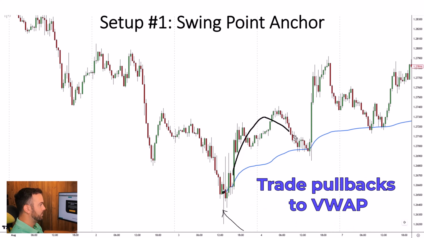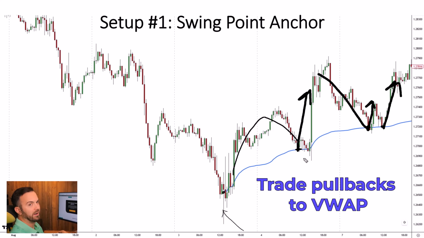The price went up, so this is where you go long, and from this place another long and another long, right? Every time the price hits the VWAP, there's an opportunity for you to go long, because chances are that the price will react there. All right?